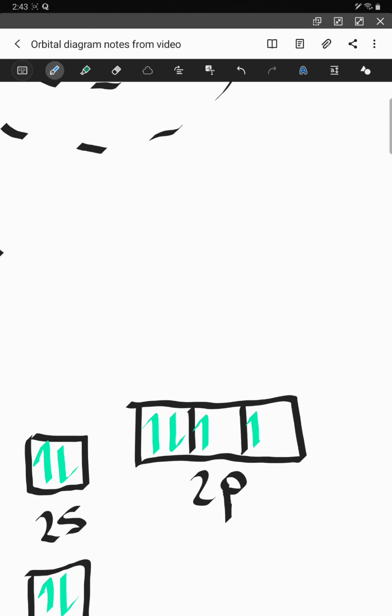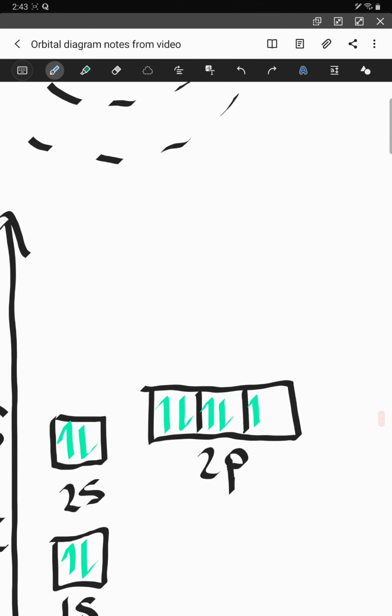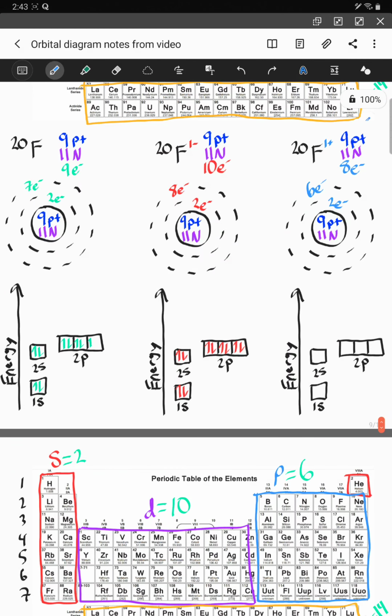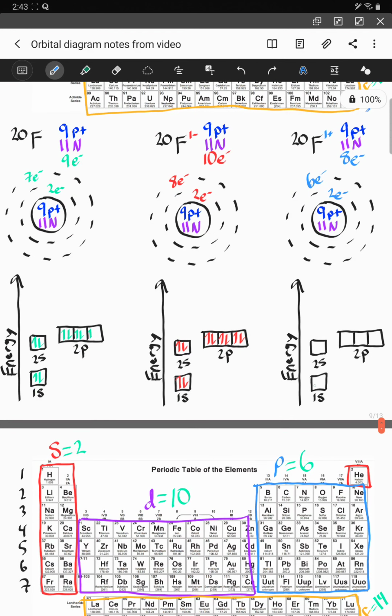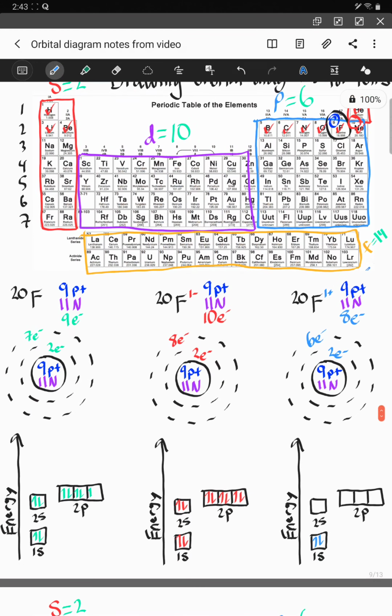So let's draw that out on our other model with our new color scheme. An electron will go here and here. And if we want to check off where we're at on the periodic table, just like we did before with this negatively charged example, let's find the atom that has 8 electrons.